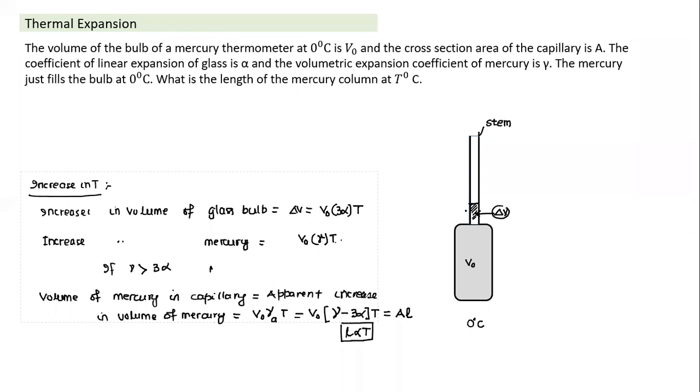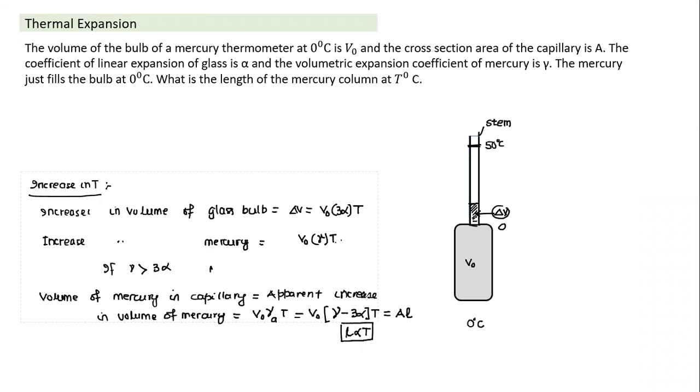The thermometer does not measure temperature. The thermometer measures the change in length of the mercury occupied in the capillary tube. Since the length is proportional to temperature, if this is the position at theta equal to 0, and at 50 degrees it reaches up to this height, so this is the capillary length at 0 degrees and this is the capillary length at 50 degrees.